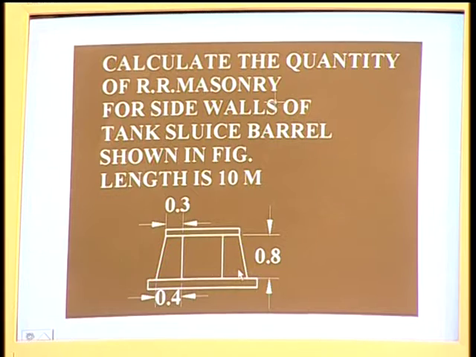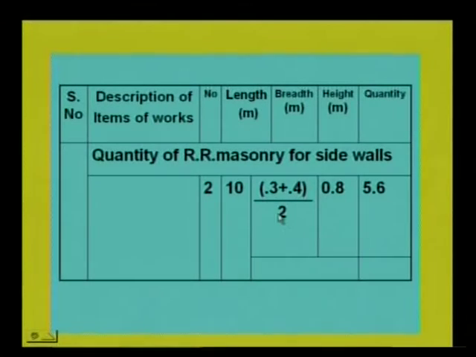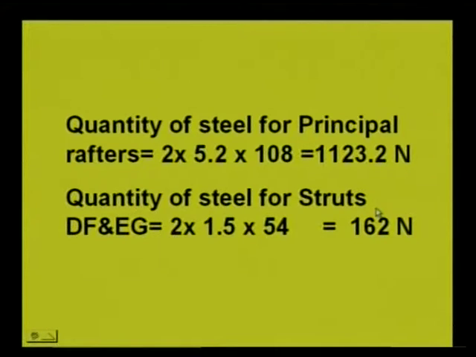The quantity of RR masonry for side walls is 2, 10 is the length, 0.3 plus 0.4 average width multiplied by 0.6. So this quantity is 5.6. So this is how the estimation of RCC slab culvert and RCC overhead tank, and some small problems on different items.